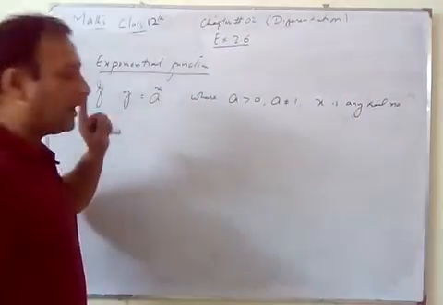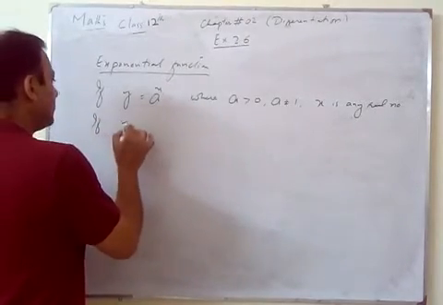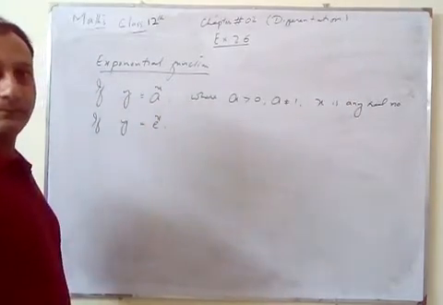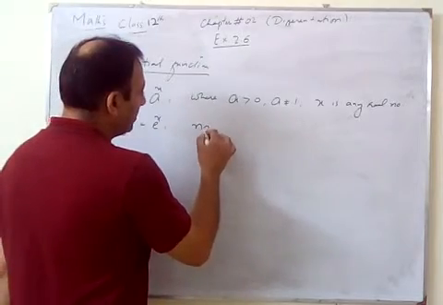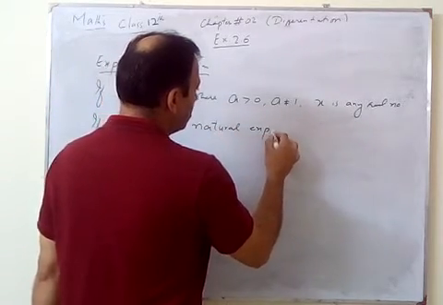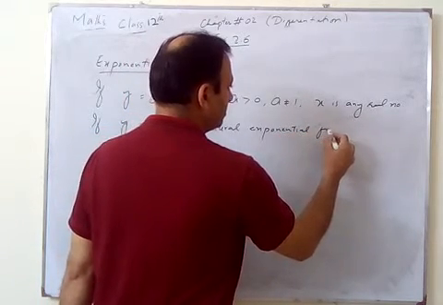So it is called an exponential function. Likewise, if it is y is equal to e power x, then this is also an exponential function, but it is called the natural exponential function.